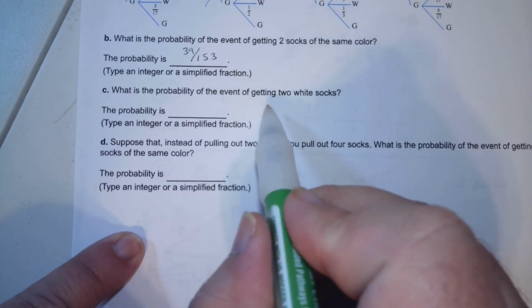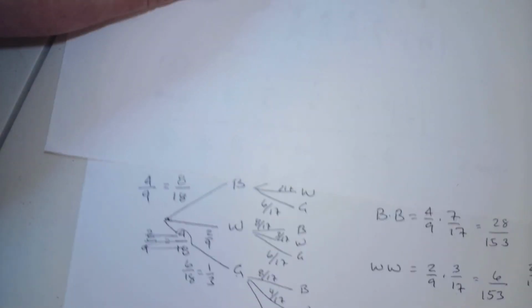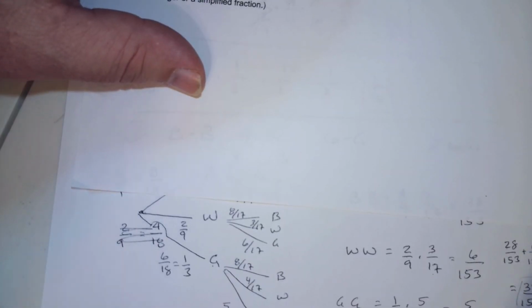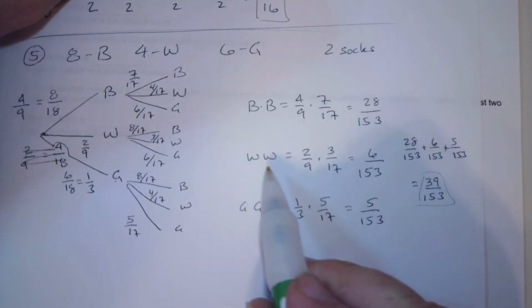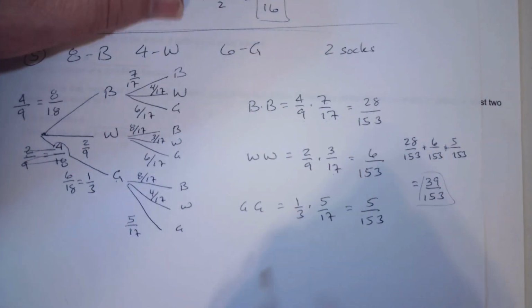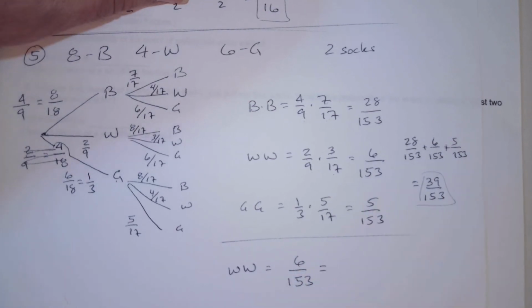What is the probability of the event of 2 white socks? If 2 white socks, the probability is 6 over 153.